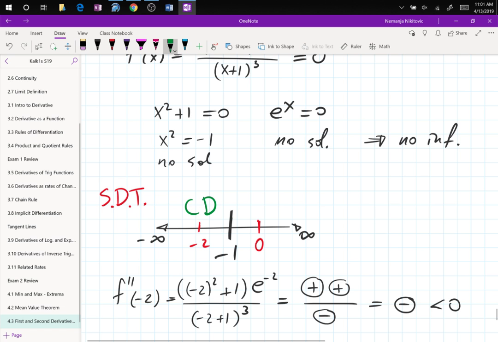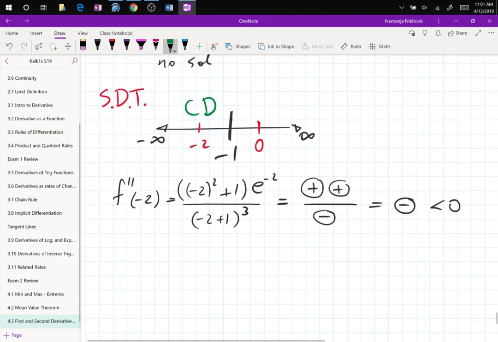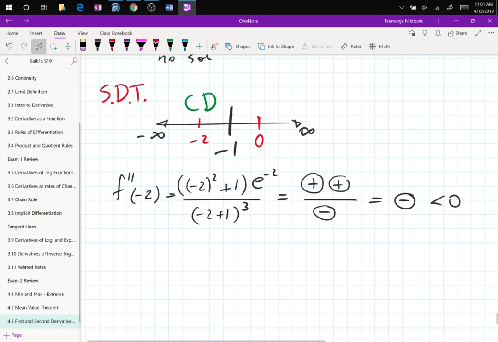So you don't have to worry about e at all. It's always positive. And then you have negative 2 plus 1. See, it's cubed now in the denominator, so I can't claim positive all the time. The odd exponents always preserve the sign. Even exponents always give positive.